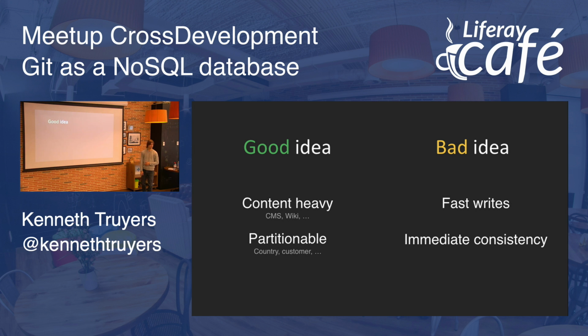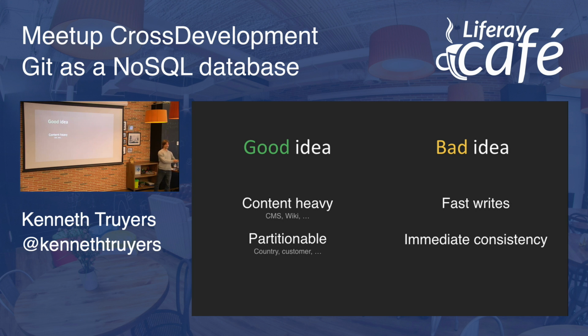Right, so to summarize, when do I think it's a good idea to use a Git database? It's mostly in applications that are very content heavy. So when I'm talking about content management systems, wikis, document databases. The situation where we use it is a content management system.